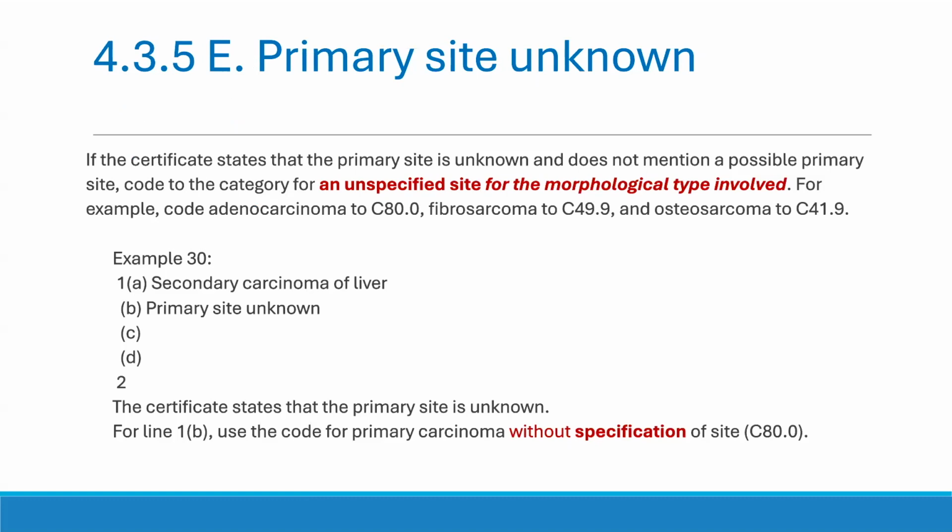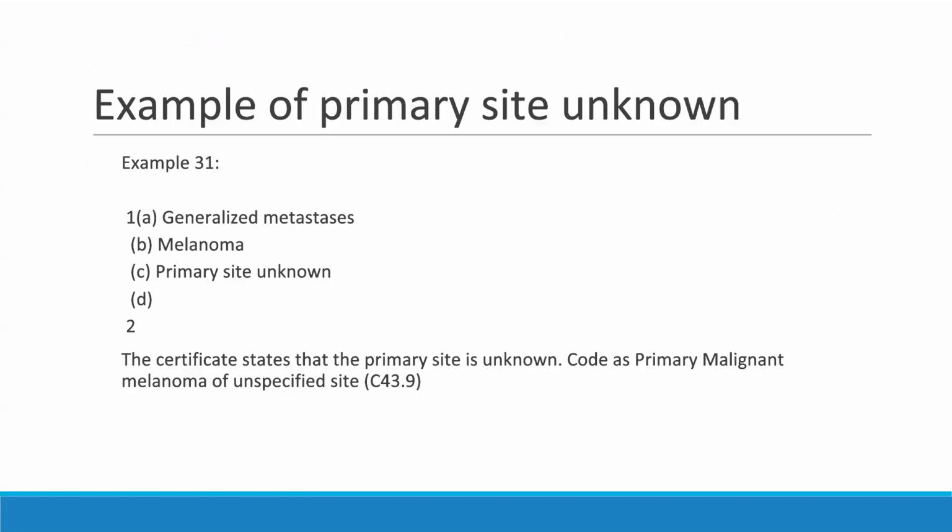An example provided is a secondary carcinoma of the liver with an unknown primary site. Line 1B should be coded as primary carcinoma without specification of the site, that is C80.0. This slide provides an example where in line C, the primary site is unknown, but where generalized metastasis and melanoma are present.